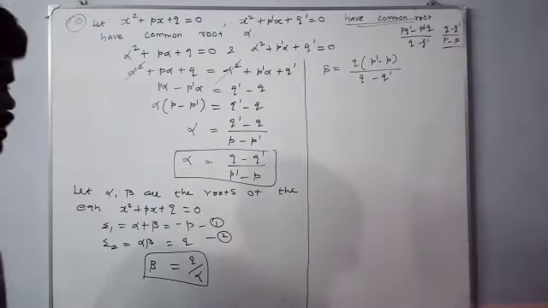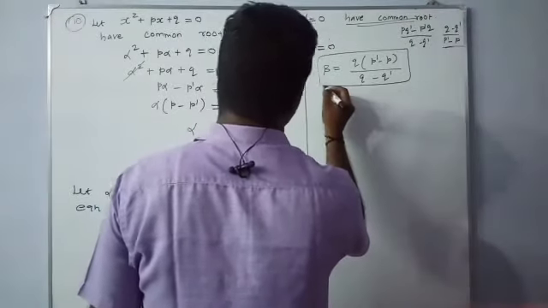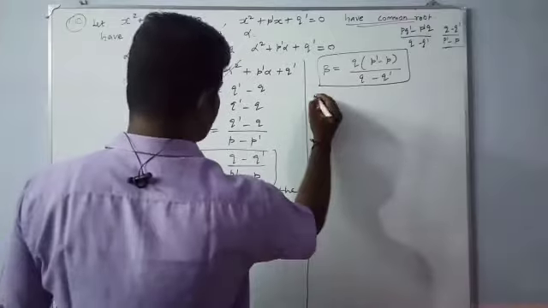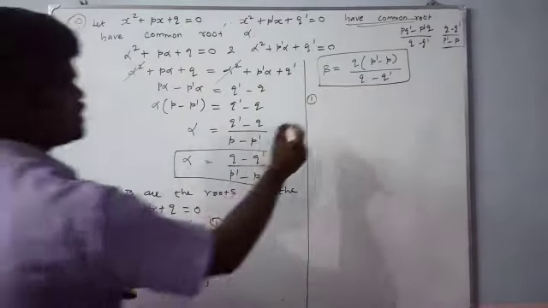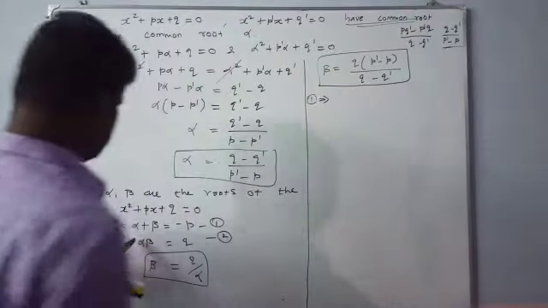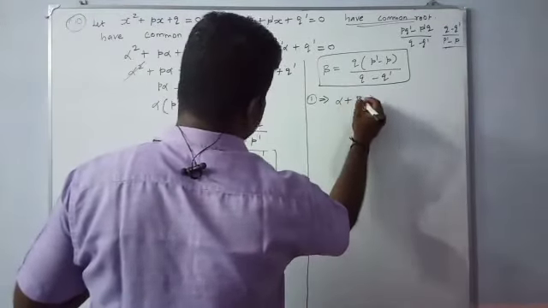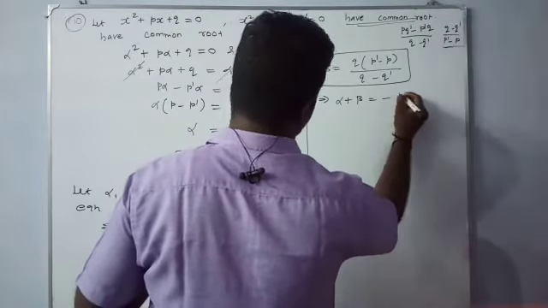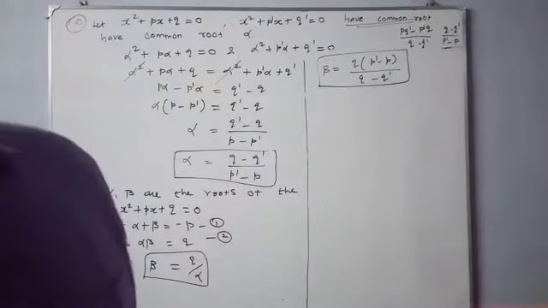Okay, this is the beta value, and the first equation implies that alpha plus beta equal to minus p.